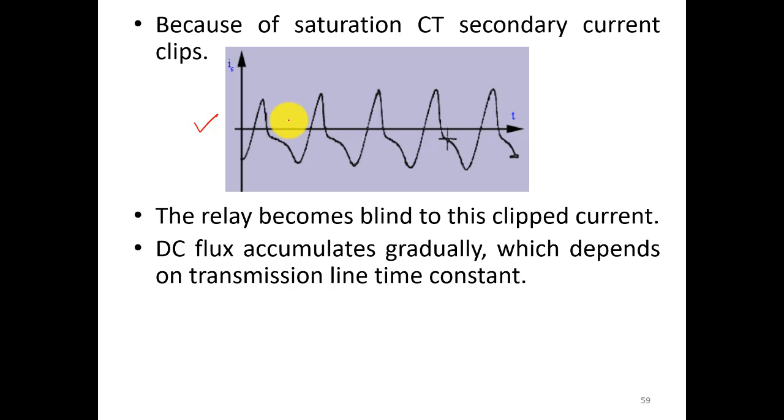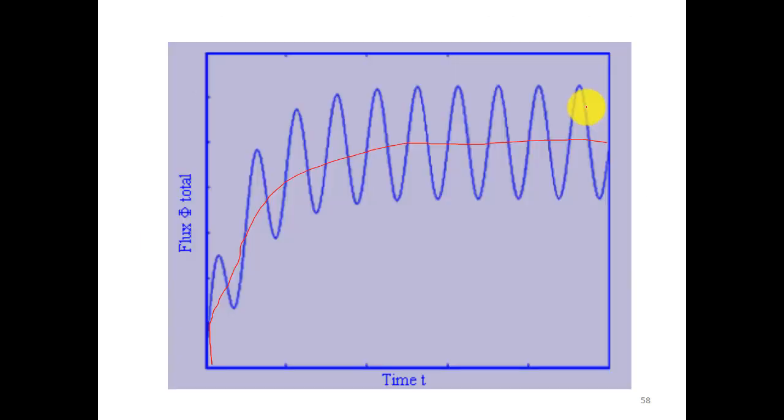So the DC flux accumulates gradually. As I told, the DC flux will gradually accumulate, which depends on the transmission line time constant, right? So the DC flux will increase gradually. Already we have seen in the last figure, right here.